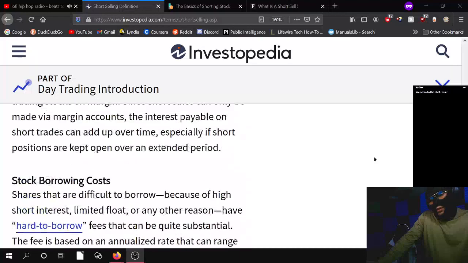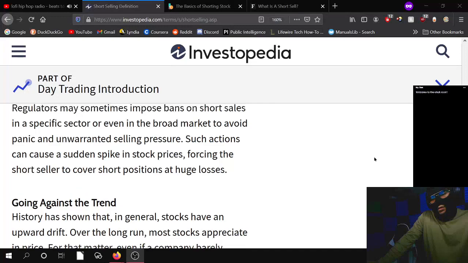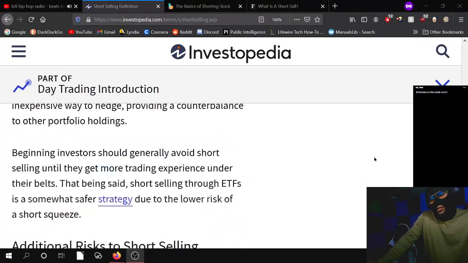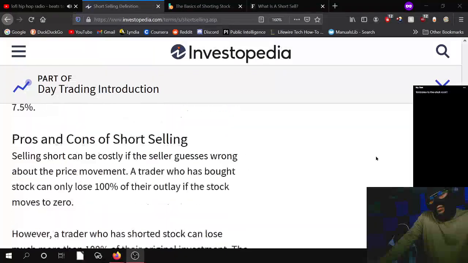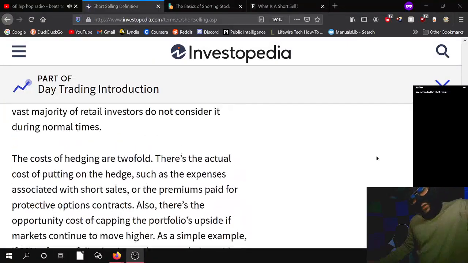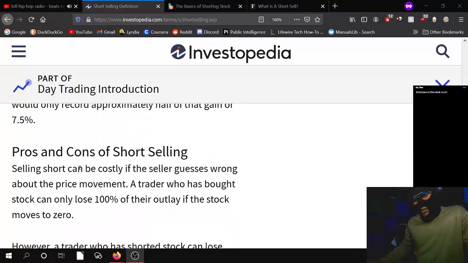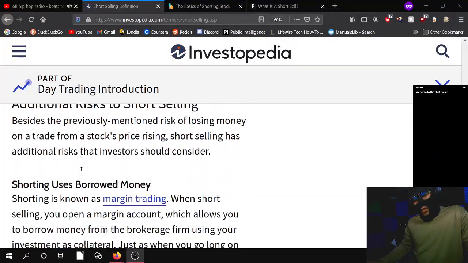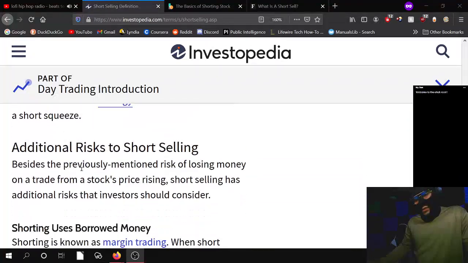However, cost of short selling. Okay. Wrong timing. Additional risk factors, didn't cover that much. The rhythm column list, that's pretty important, but did I cover most of it? Short selling is a hitch. I should just go down to, yeah, just additional risks to short selling.